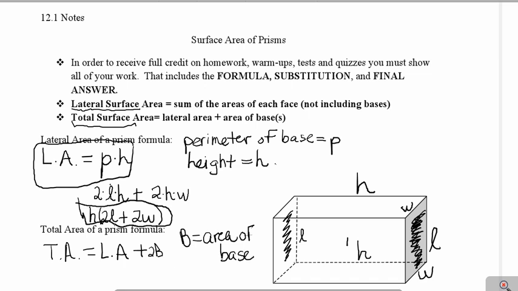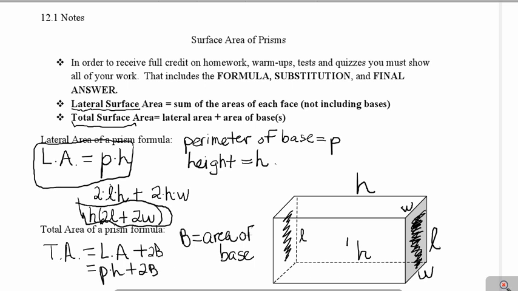Prisms always have two bases, so that's why we always multiply 2 times the area of those bases. Or if you'd like to think of it as, we know the lateral area is the perimeter of the base times the height plus 2 times the area of the base.